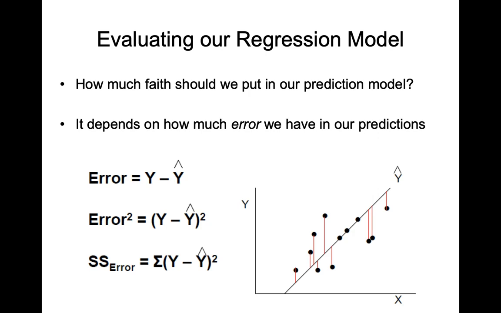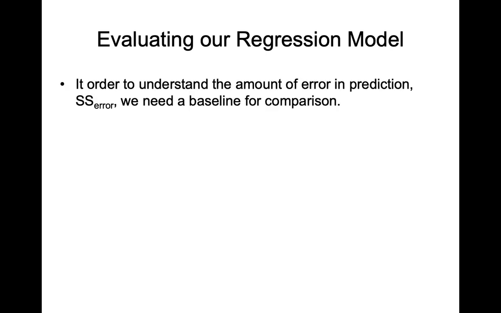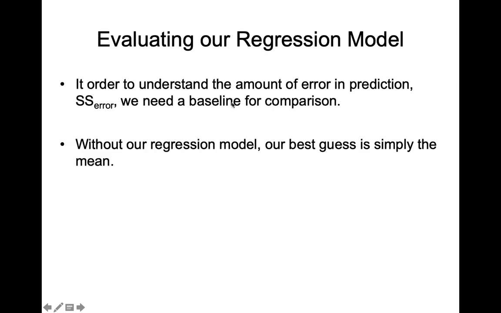So what we have to do is evaluate sum of squares error based on the total amount of variability in y, adjusted for the metric that is being used to measure y. Okay. So in order to understand this quantity, we can't just directly interpret sum of squares error. We need to have a baseline for comparison.